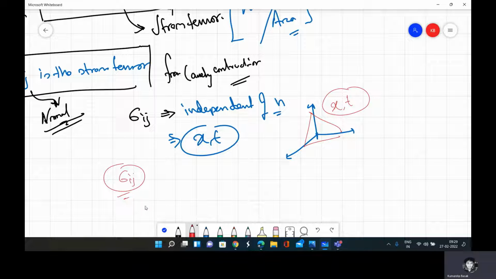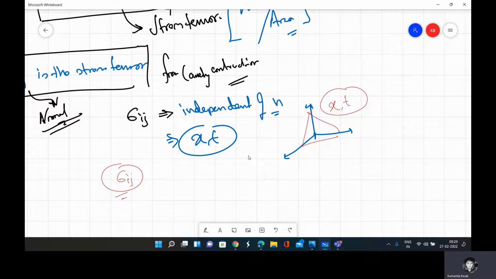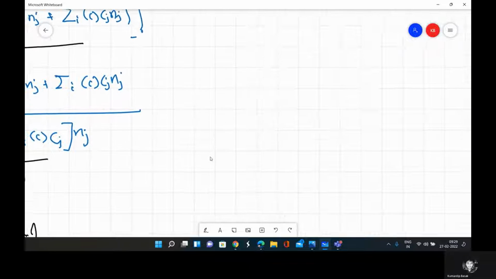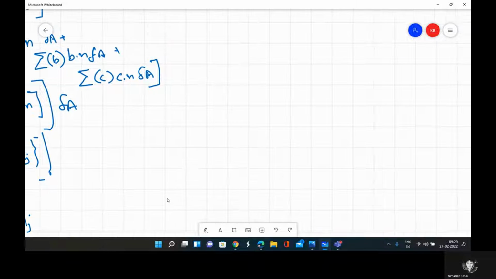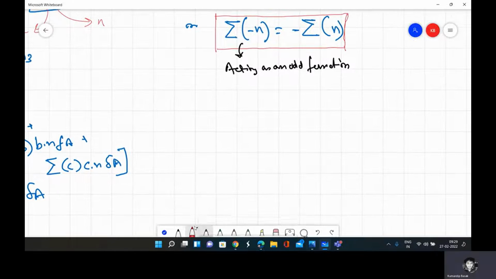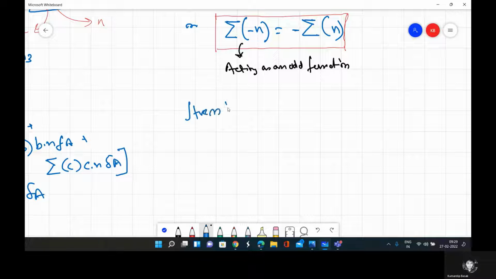Now we will prove that this sigma ij, the stress tensor, is symmetric. So we have to now prove that the stress tensor is symmetric.